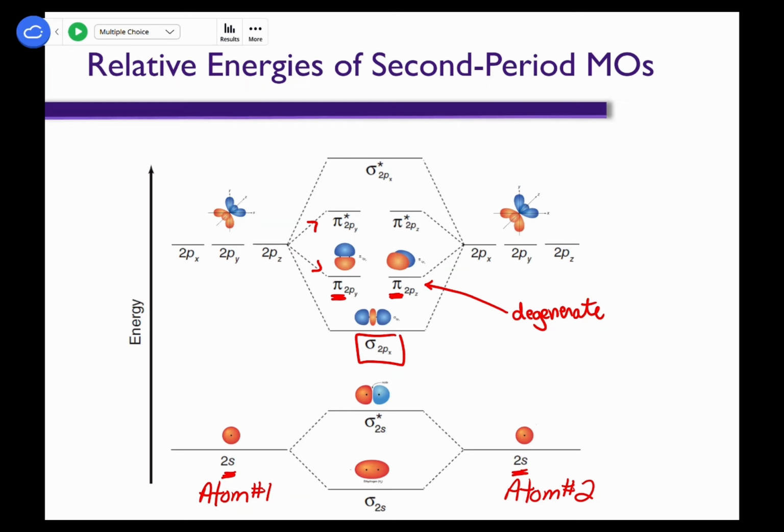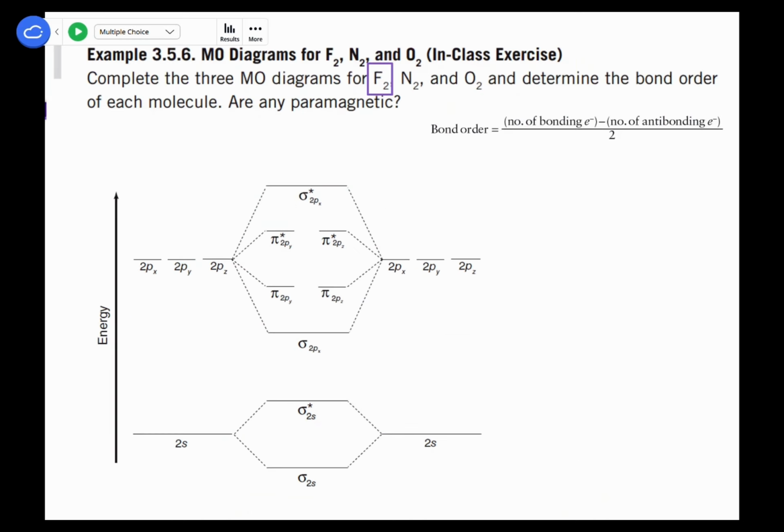Okay, so we can put all these orbitals in, and then we get to fill them in. We're going to do the first filling right now because I want to kind of lock in this idea while we're here. Let's do this example for diatomic fluorine. Each fluorine starts with 7 valence electrons. 1, 2, 3, 4, 5, 6, 7. And 1, 2, 3, 4, 5, 6, 7.